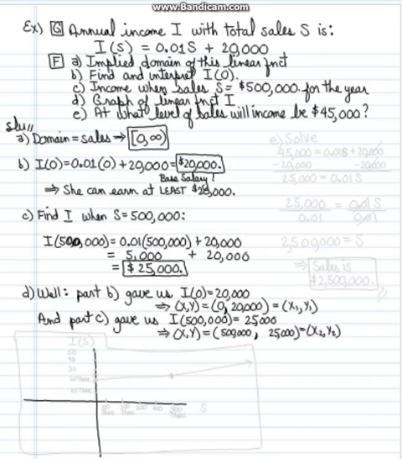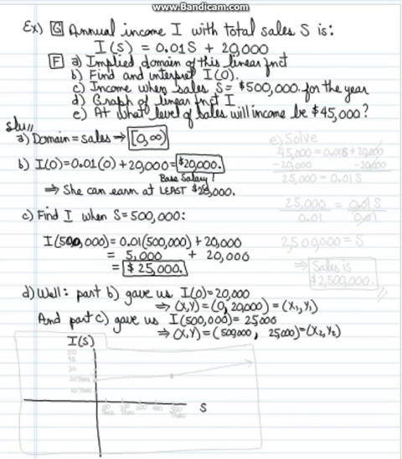This is going to be a strange graph. It has no negative values in it. And since the values are so large, we'll call this the S-axis, which is the same as the x-axis, and this we'll call the I of S-axis, which is like the y-axis. Actually, the x values are the S values.